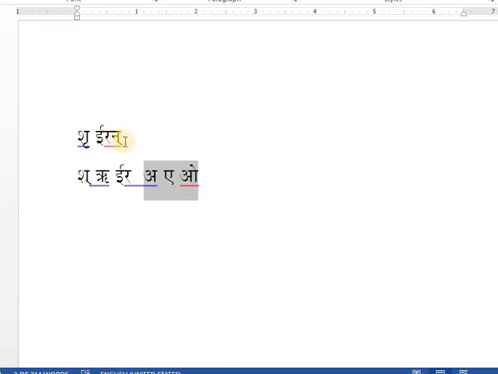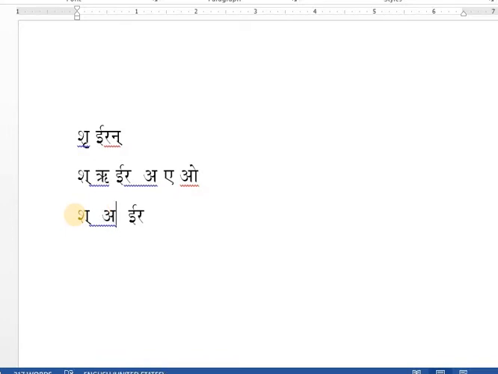Out of these 3, 1 Guna vowel will take the place of Ru. So, Sha, then A. In place of Ru, A will take place. And then Ir.